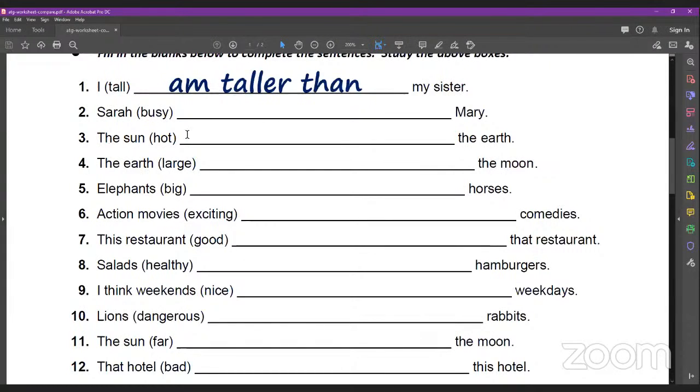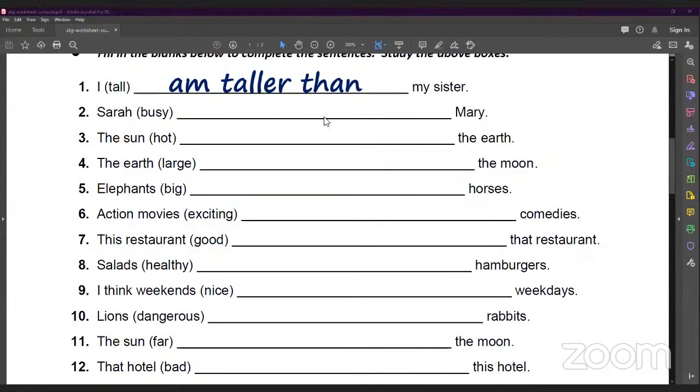So let's move on to number 2. Please, I need a volunteer to start the activity. Click on the button yes.